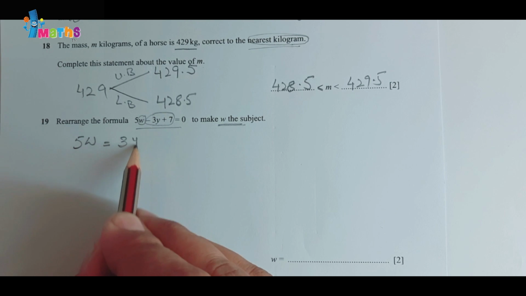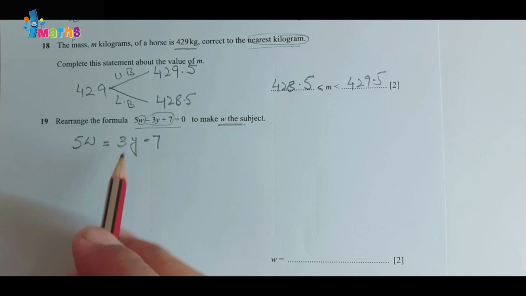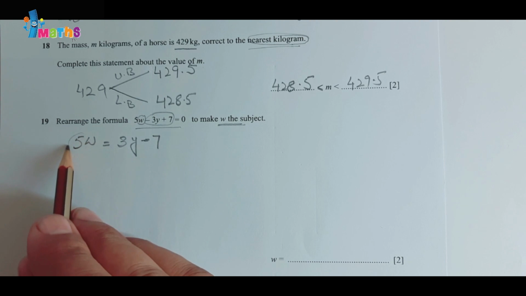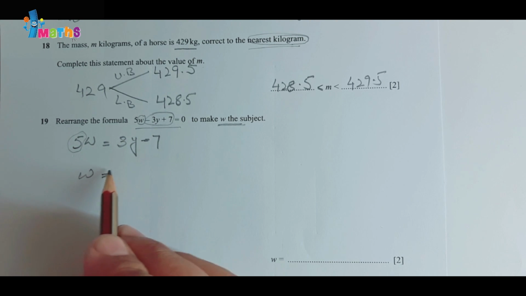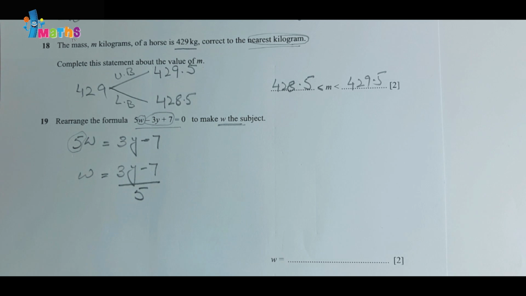So it will be 3y minus 7. Next we'll have to shift this 5 to the other side, so we will divide by 5. 3y minus 7 over 5. This will be the answer.